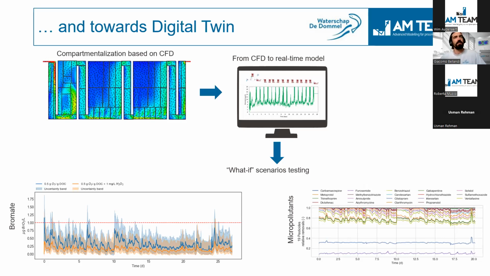The workflow brings the CFD insights in terms of hydraulics and the mechanistic knowledge in terms of chemistry into a simplified version of the same model, which can be run online, in parallel with the installation, or even faster than the installation. It can quickly run very long simulations to test what would be the best operational action to better steer the installation.